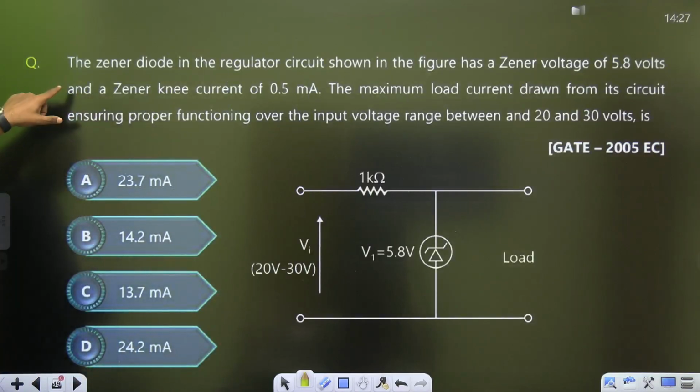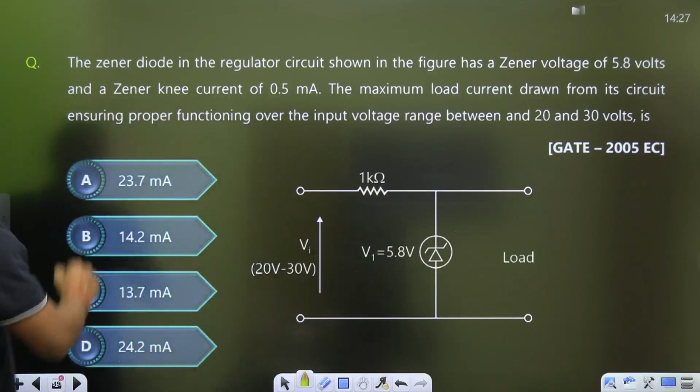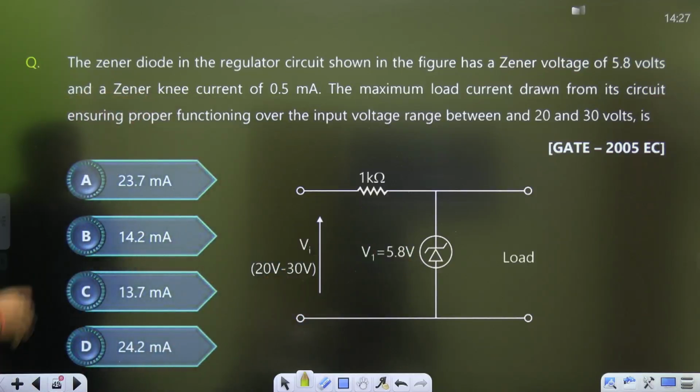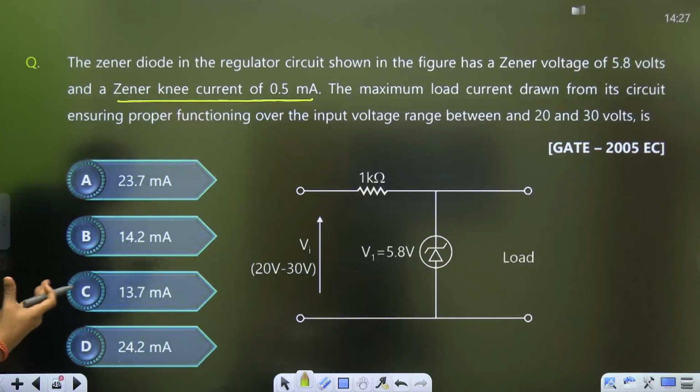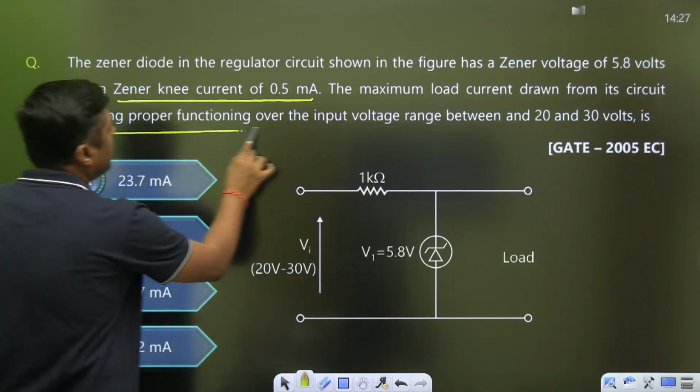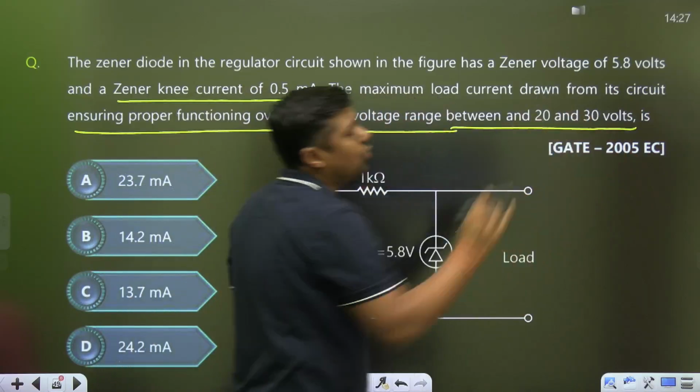Now this is a very important one. The Zener diode in the regulator circuit shown in the figure has a Zener voltage of 5.8 volt. What is the Zener breakdown voltage? 5.8 volt. And a Zener knee current of 0.5 milliampere. Same. The maximum load current drawn from this circuit for, this is a very important word, ensuring the proper functioning over the input voltage range between 20 and 30 volts.